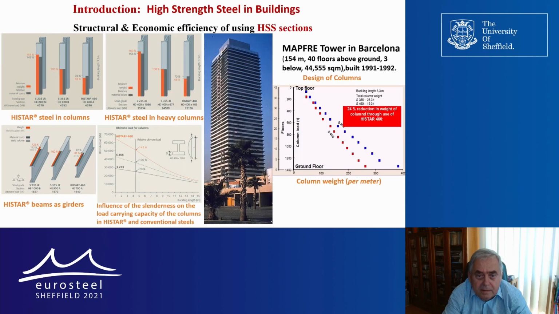The use of high-strength steel in buildings is not so old, and the use of high-strength steel in seismic resistant buildings was applied even later, after the use in common building structures.